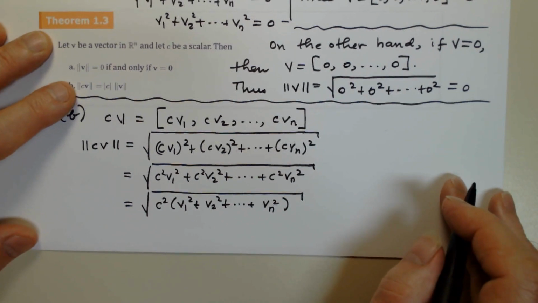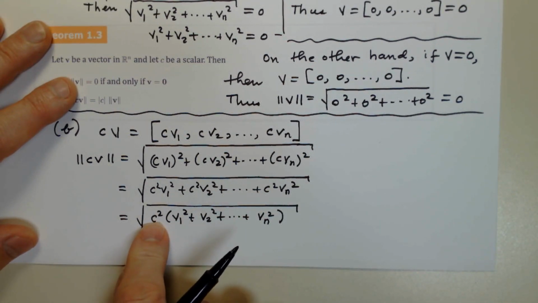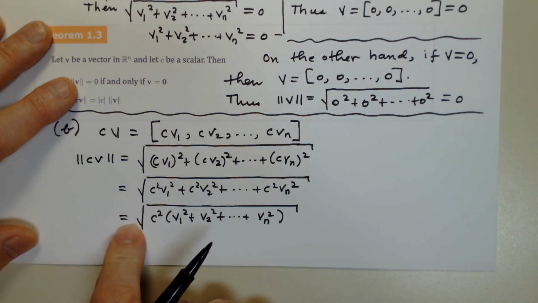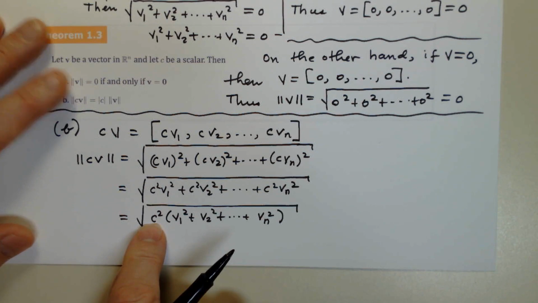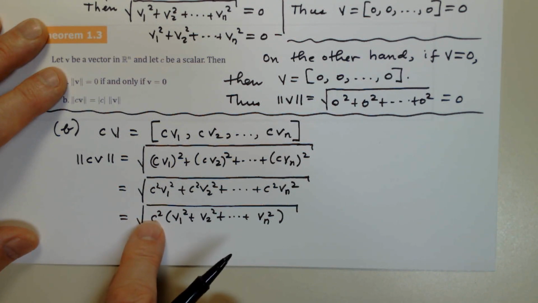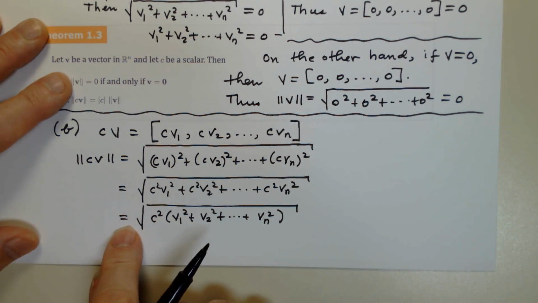Okay, now here comes the only subtle step in the whole proof, I think. If I want to pull this c squared through the square root, I have to understand that that value of c, it could be positive or it could be negative or it could be 0. But no matter what, when I pull it through this square root, it doesn't pull through as c. It comes out as the absolute value of c.